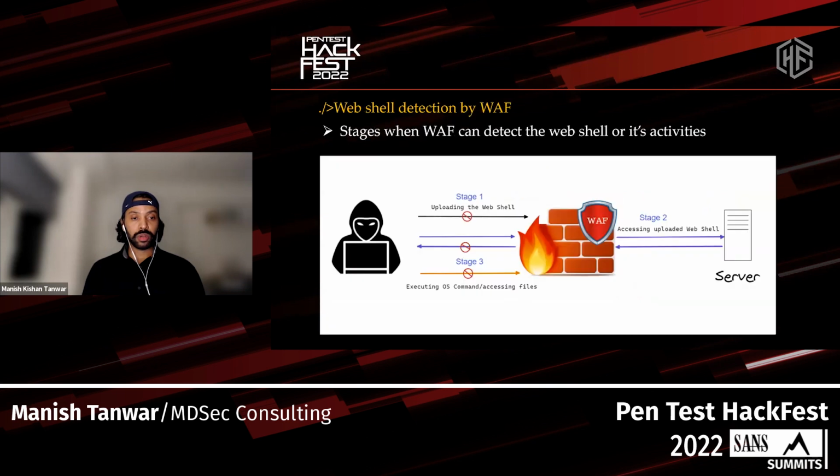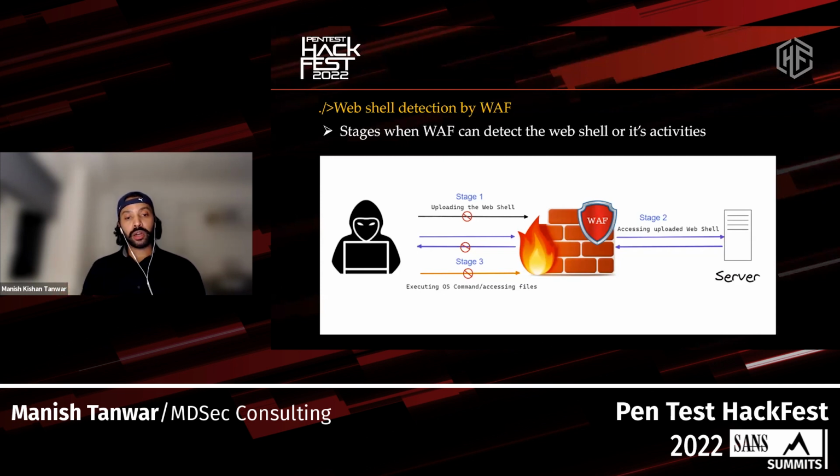So let's start. Web shell detection by WAF. There are a few phases in which a WAF can detect our web shell or its activities. As we know, a WAF performs scanning in four places: request header, request body, response header, and response body.